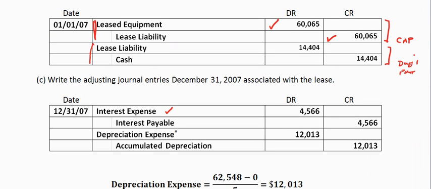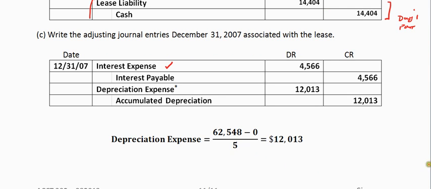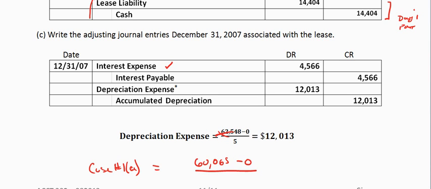And depreciation expense. Oh my gosh, where did that come from? It should be 60,065 minus 0. This is case number 1A. You have to look above in your note. So that's wrong. The amount might be right.